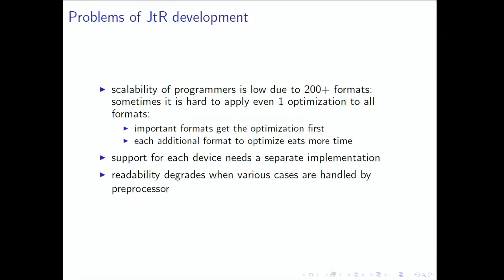The development of such formats causes certain problems because when there is an optimization, it must be applied to all the formats, and certain optimizations are hard to apply to certain formats when there are no common bases in the code. That's why first we optimize the more important formats, and certain formats remain unoptimized.